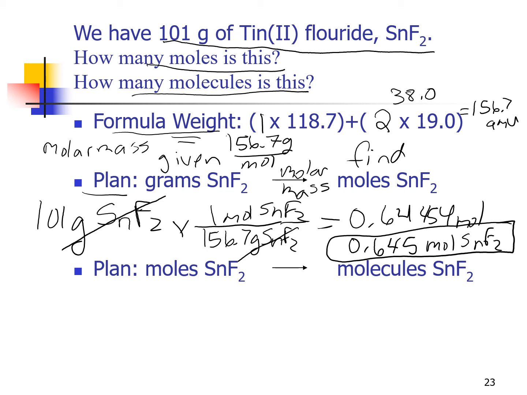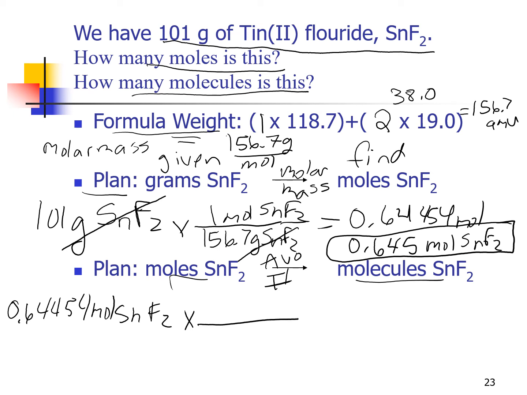So the second problem is, how many molecules is this? We have now calculated moles. So our plan will be to go from moles to molecules, and to do the conversion from moles to molecules, we use Avogadro's number. Okay, so we'll set up our number of moles, 0.64454 moles of SnF2.